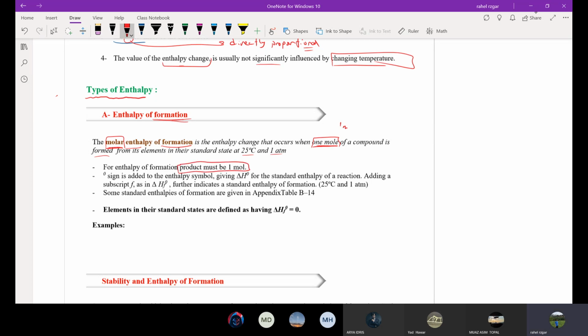It is formed from its elements at 25 Celsius and 1 atm. We use this sign for delta H to indicate the standard enthalpy of a reaction, in standard state at 25 Celsius and 1 atm, and we will add an F to become delta HF.